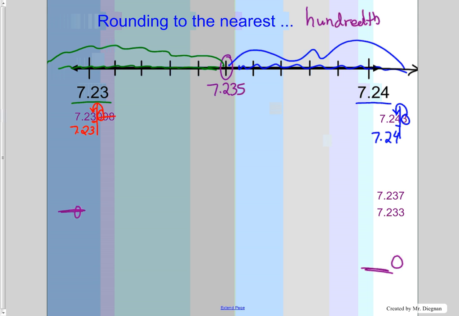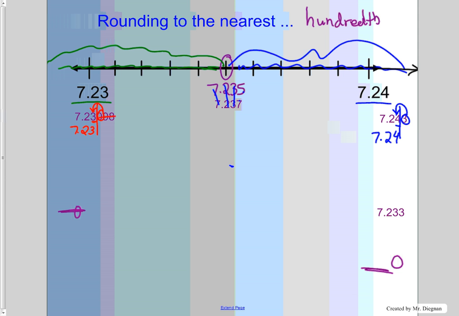Let's take a look at a couple more. 7 and 237 thousandths. Oh, there's that thousandths again. This one's actually going to fit somewhere on my number line. It's just a question of where. So I match it up. I have my 7s, my 2s, my 3s.